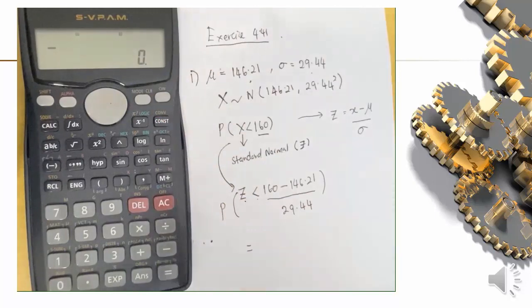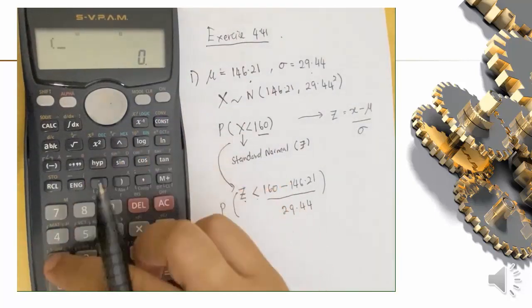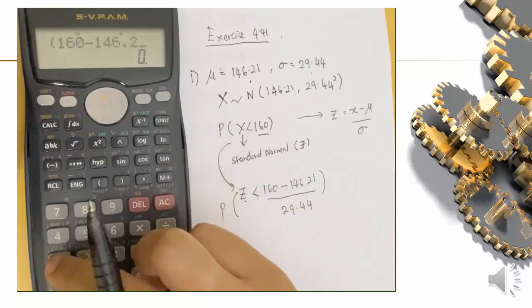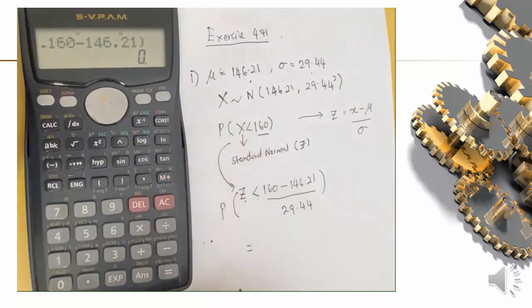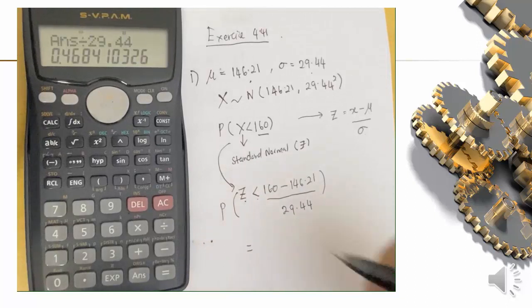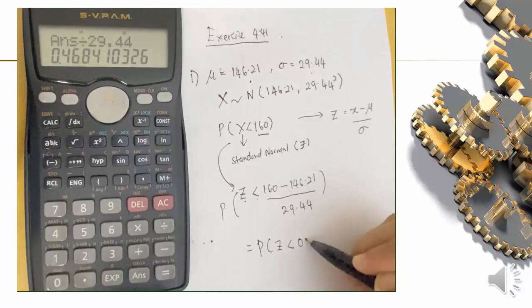So press calculator. So probability z less than 0.4684.